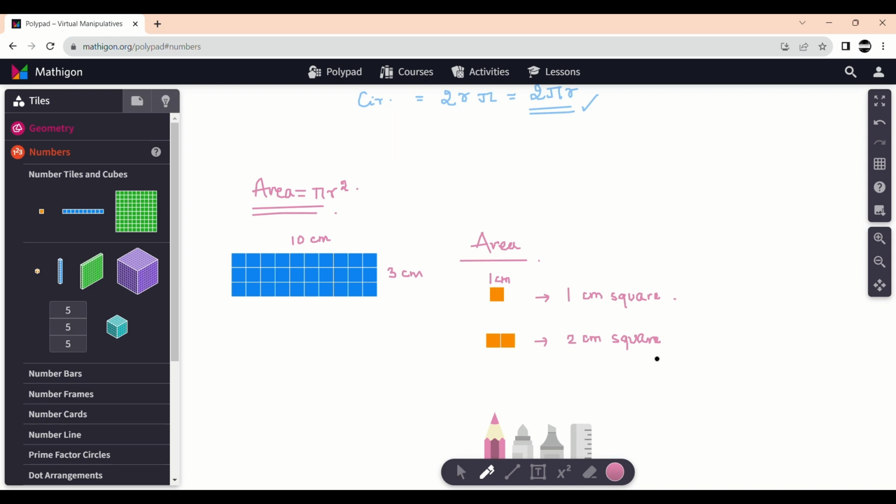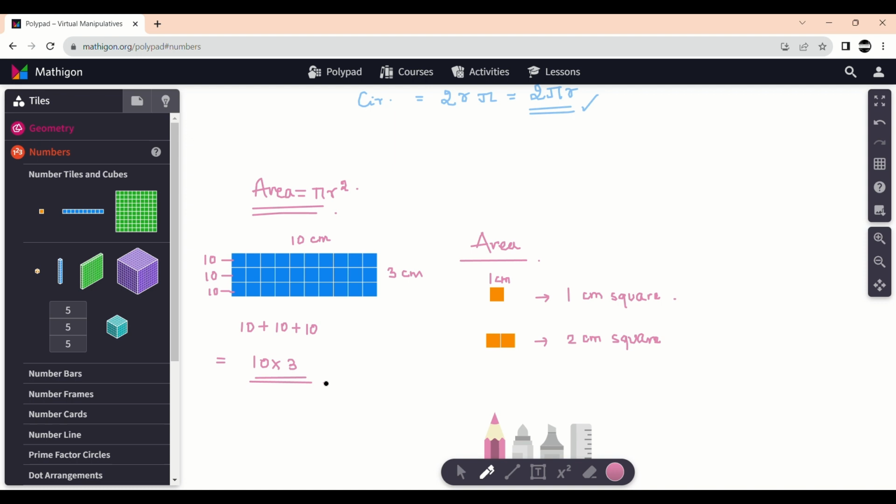So like that, if we try to count the number of squares in this blue rectangle that we have, then there are 10 squares in the first row, 10 in the second, 10 in the third, which means we are doing 10 plus 10 plus 10, and if you know the relation between addition and multiplication, then that is 10 times 3. This is the reason why we do length times width.